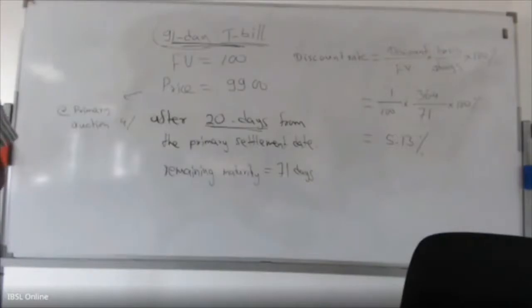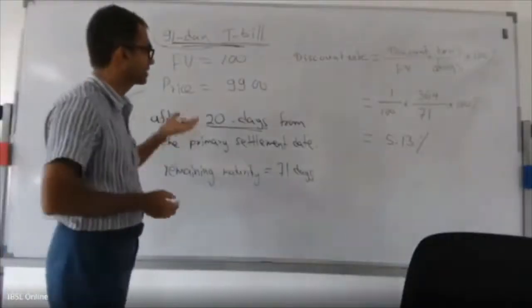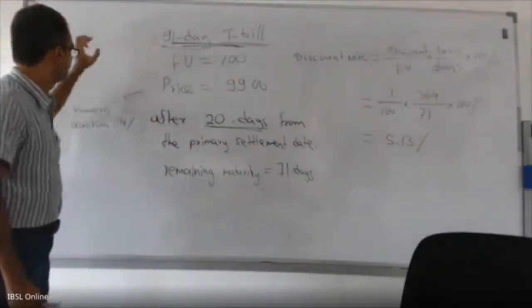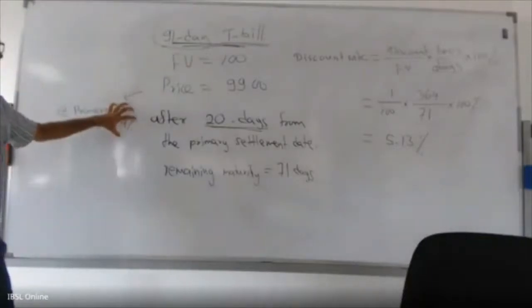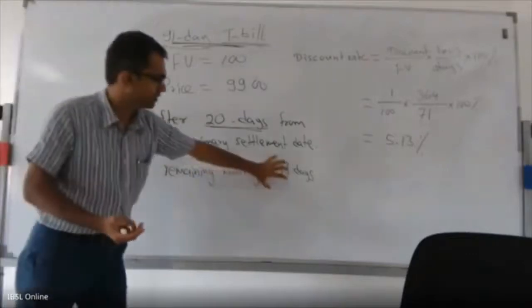Okay. Market rates are stable. Market rates have increased. And the price of treasury bills has gone down. Yes, that's why the price has gone down, because the market rate has increased. So imagine for 91 days, you get 4% only. Then what do you expect for 71 days?